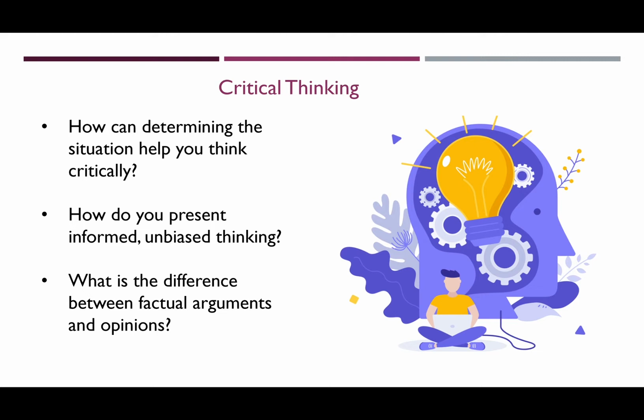So how can determining the situation help you think critically? How do you present informed, unbiased thinking? Have you ever been in a situation where you were trying to have a discussion with someone who disagreed with you, who was so passionate about that subject that you couldn't get a word in, you couldn't give your opinion, you couldn't state your thought?